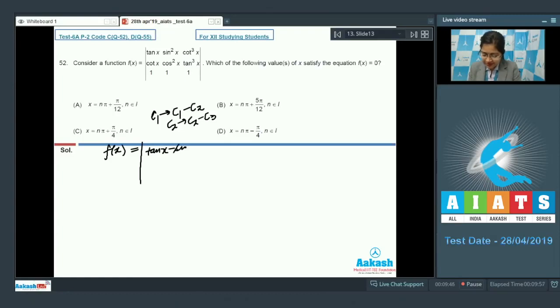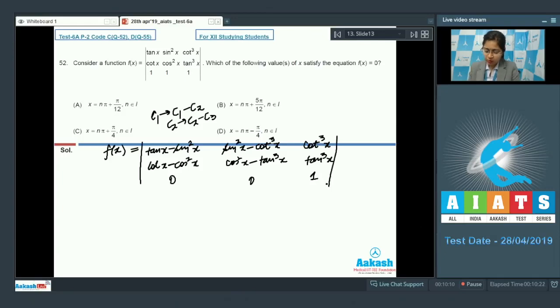tan x minus sin square x, cot x minus cos square x, and here we will get 0. Similarly, sin square x minus cot cube x, cos square x minus tan cube x, 0, cot cube x, tan cube x, and 1. So we have to put f(x) equal to 0.